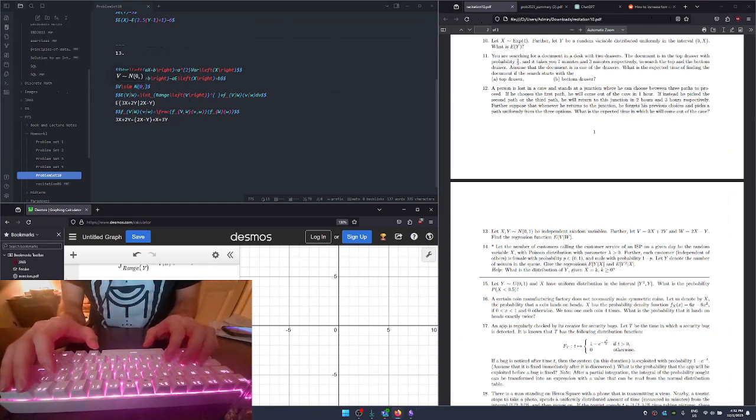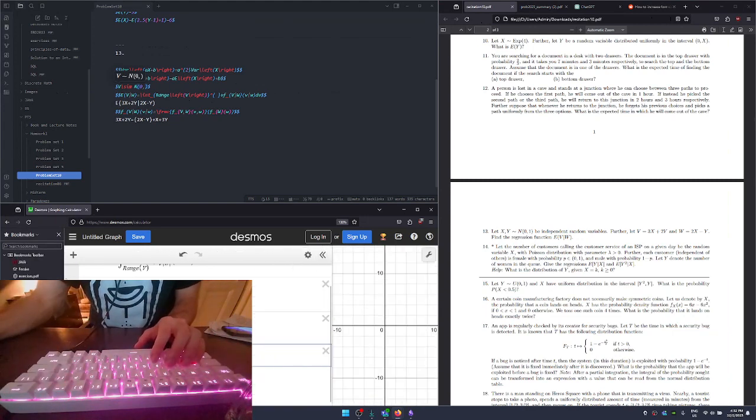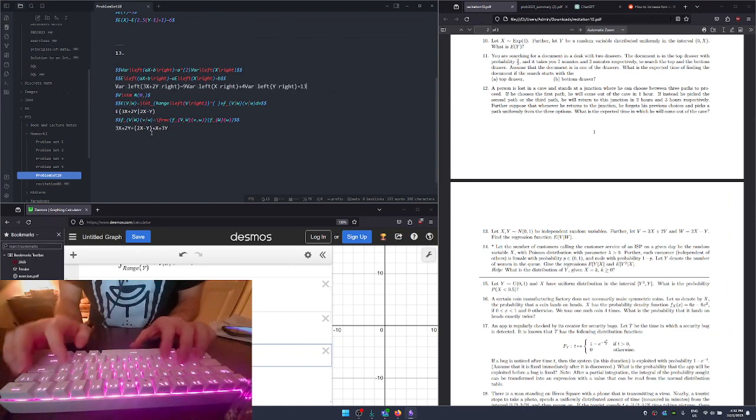The variances are 1 from the distribution, so I can just write 13 immediately. We can expand it a bit. So you have 13 for this one.